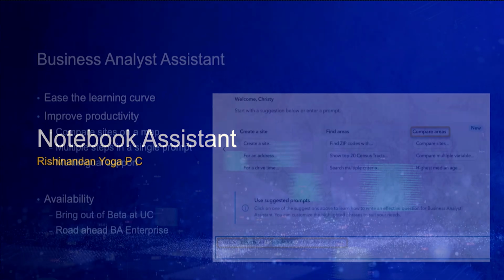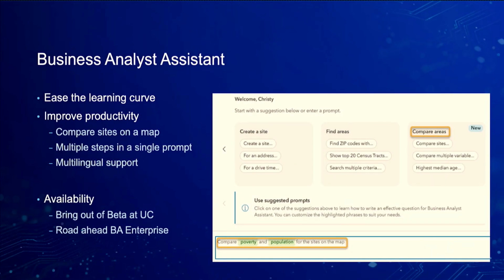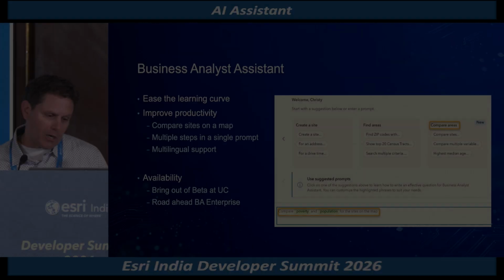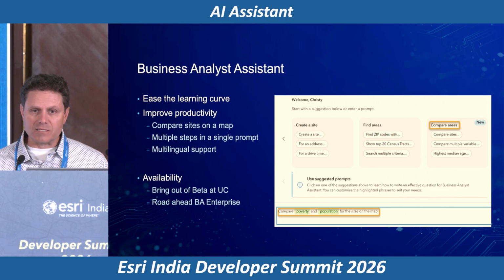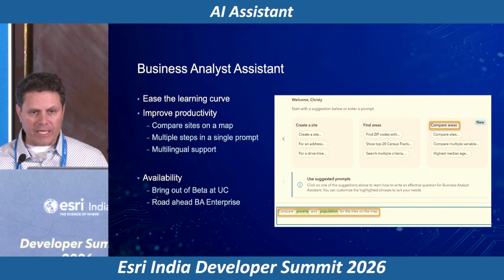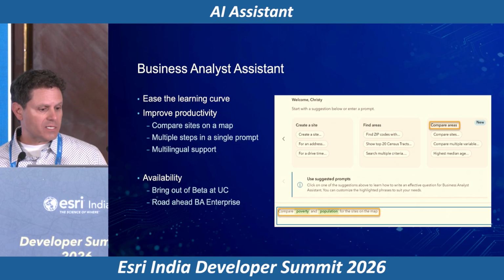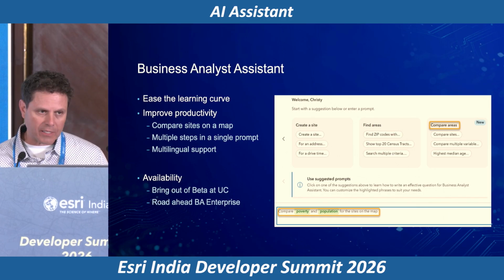Excellent demonstration. This next assistant is one that you might not know existed, and that's the assistant for business analysts, the BA app. And like the other assistants, it's designed to improve your productivity.